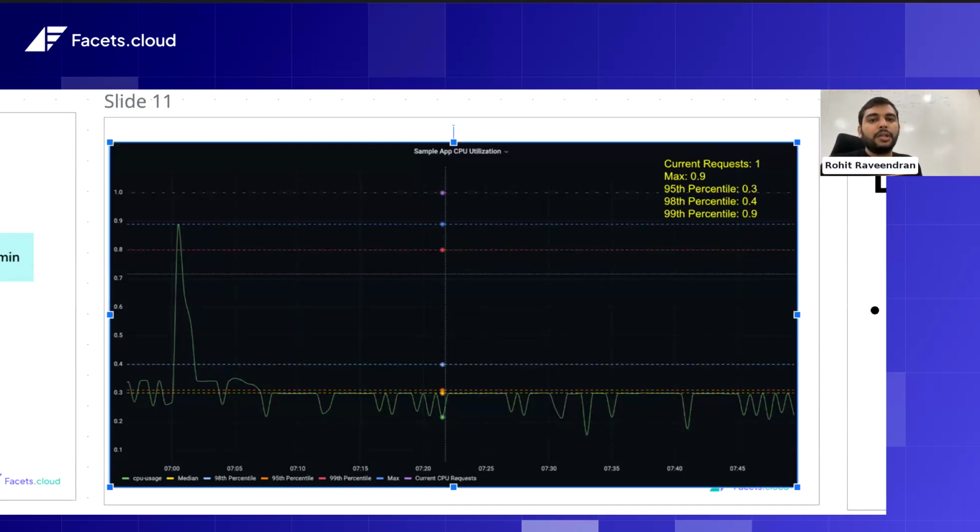Based on the patterns of utilization, the percentile number that you would consider for the analysis would change, right? In this particular case, I would consider the 98th percentile, which is the 0.4 mark. That helps me avoid considering the spike at all, right? So this is the whole system with which you can identify which percentile number you should track.